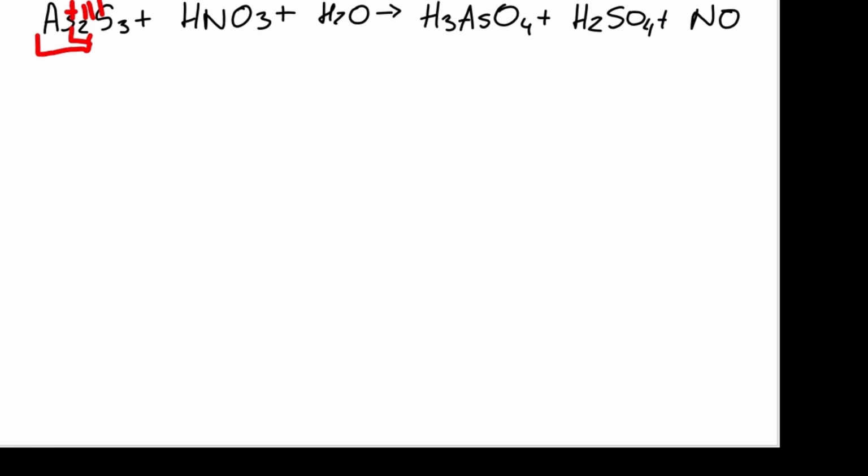Okay, so the oxidation state of arsenic in this compound is equal to plus 3. Where is the arsenic in the products? In arsenic acid. Here let's calculate the arsenic oxidation state.